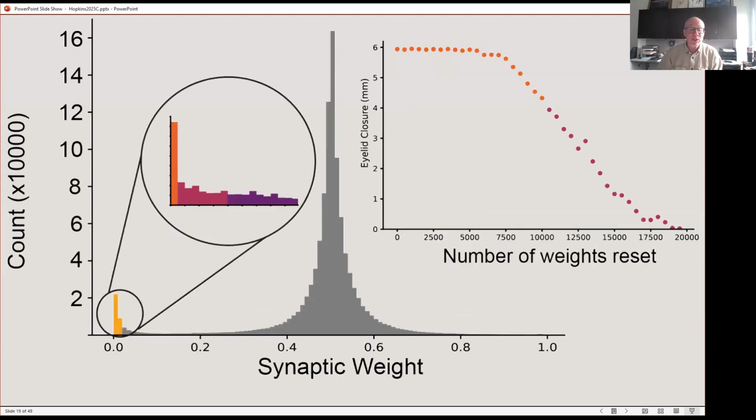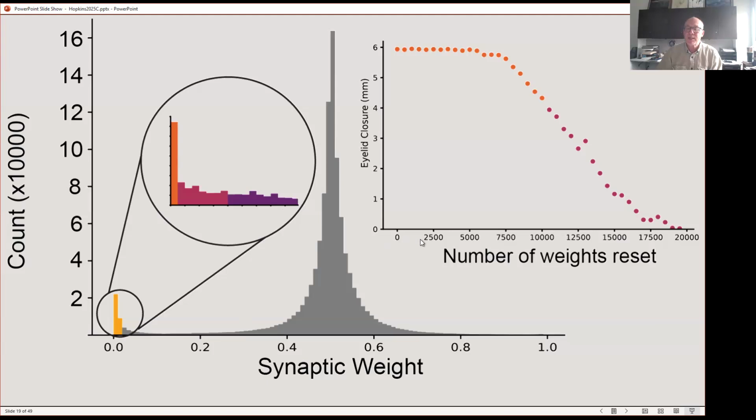Okay, so back to the weights. We wanted to figure out just how many of these weights we should care about, so we did an experiment where, after training, we would pick some number of them and return them to their original weight. We would reset them from weakest to strongest.